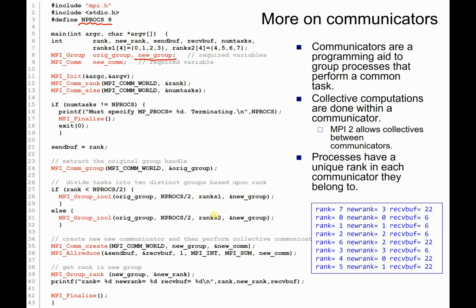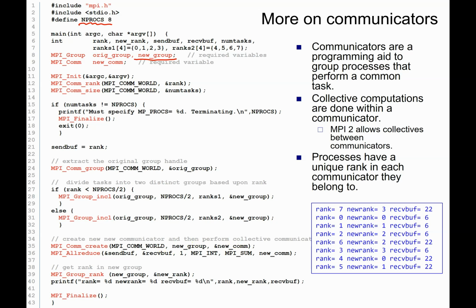Otherwise, it's going to use the second set of ranks and get included into the new group. So this splits our processes into two groups based on the ranks. Then we create a new communicator based on these groups of processes.